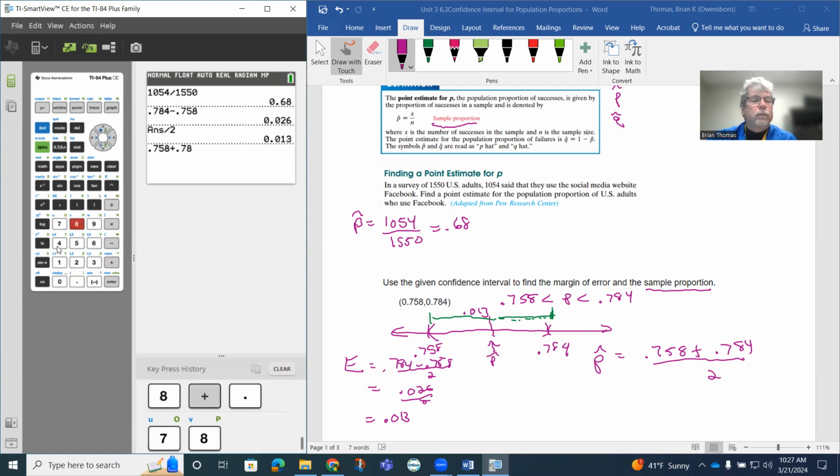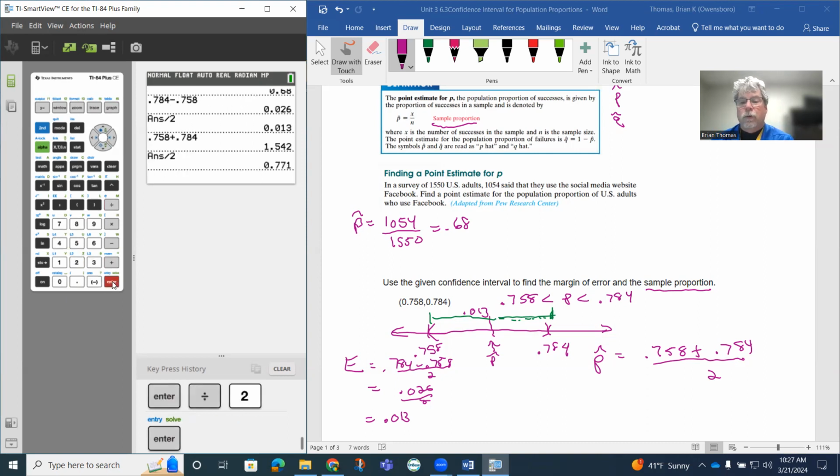That would give you 0.771. Notice also, you could have simply added the margin of error to the 0.758.